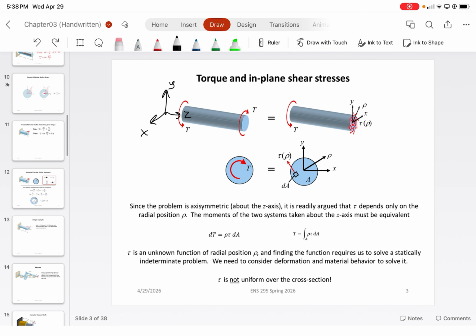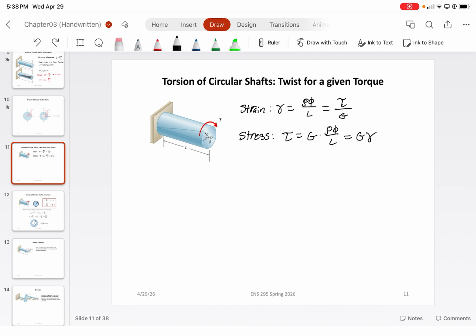All right, so we have T from equilibrium. T is just equal to the integral over the area of rho, the radial position, times tau, the shear stress, all multiplied by dA. Let's replace some terms.